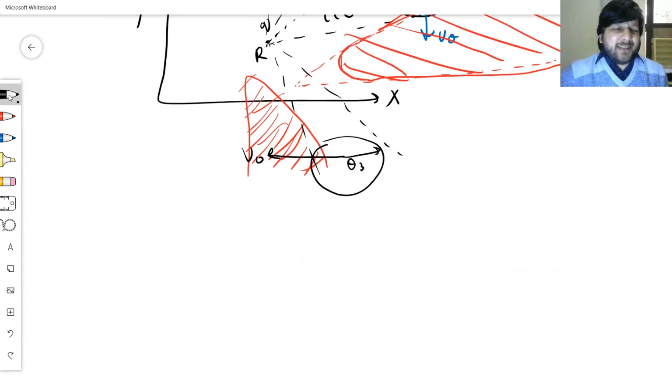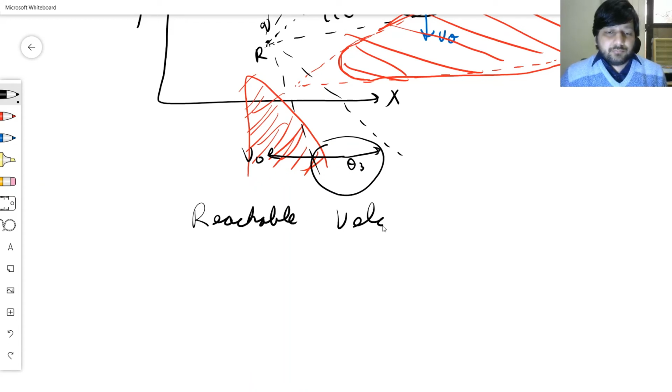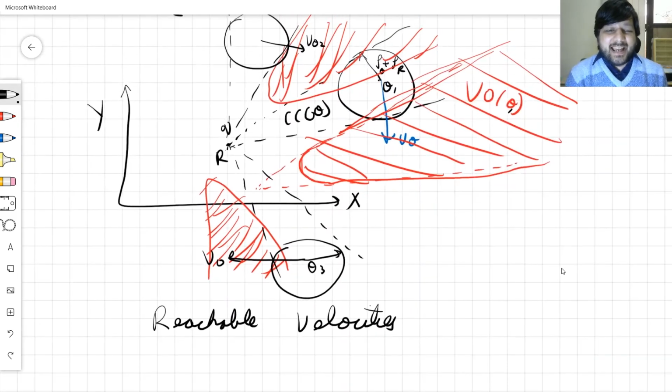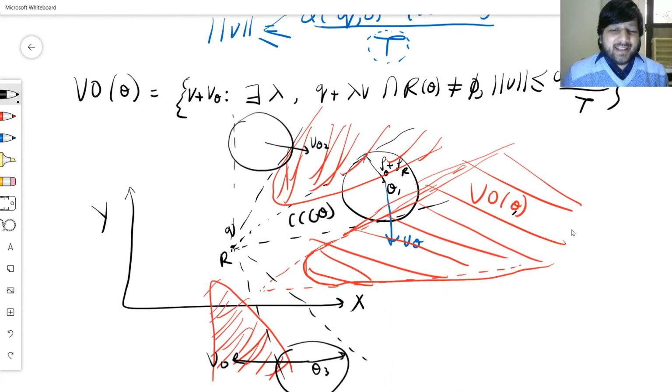Now, for the first time, let me talk about reachable velocities. And let me tell you why. Because it may appear that let's select this velocity, but the only problem is the magnitude of this is 1,000 meters per second. You cannot travel by that speed, by the way. It's not possible.